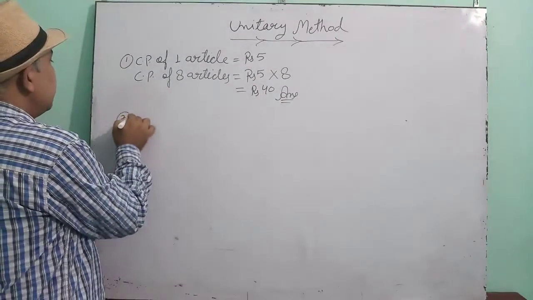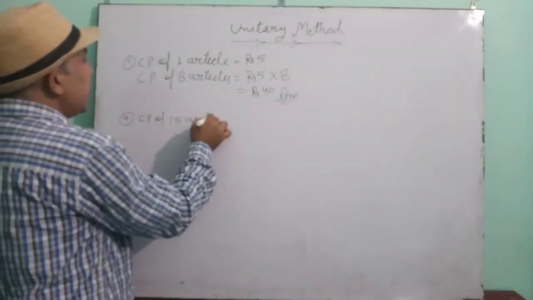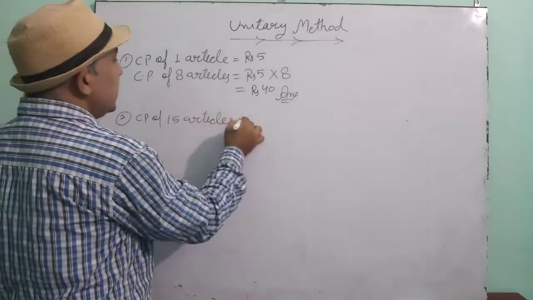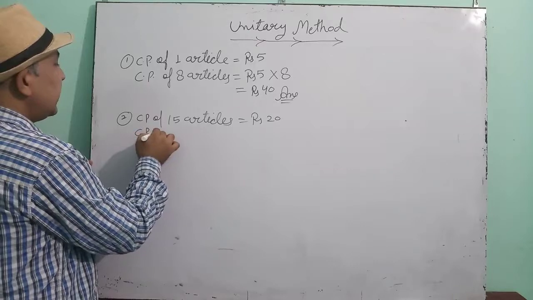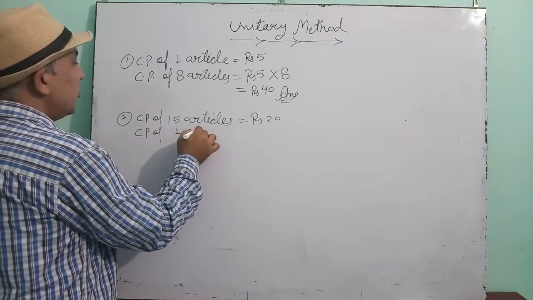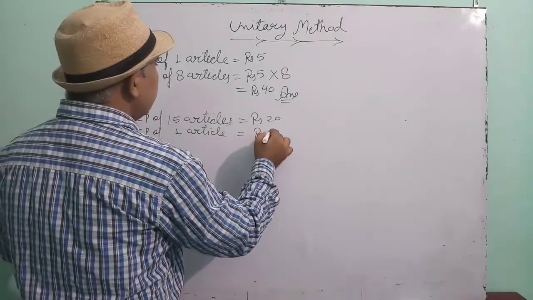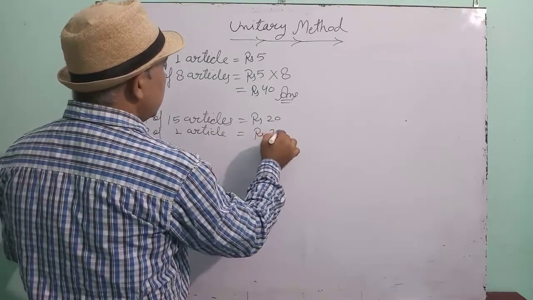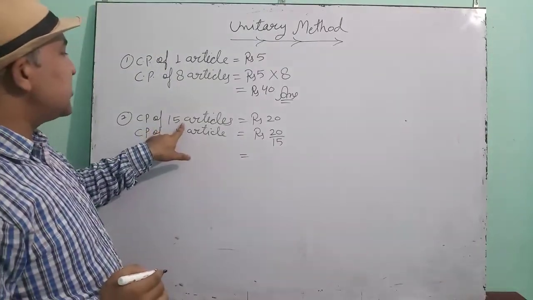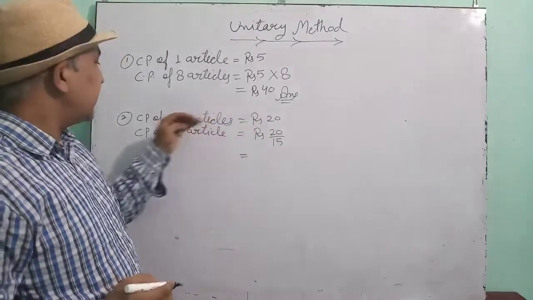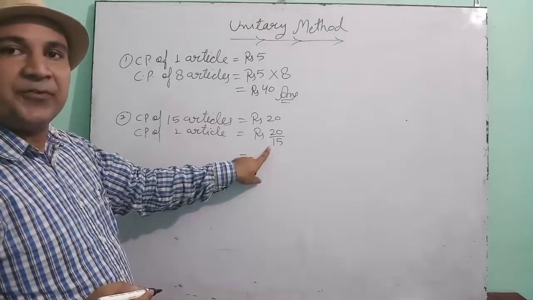See the second question. Suppose that cost price of 15 articles is equal to rupees 20, then you can find the cost price of one article. Now here 20 upon 15, because cost price of 15 is 20, then cost price of 1 will be less, that is why 20 will be divided by 15.